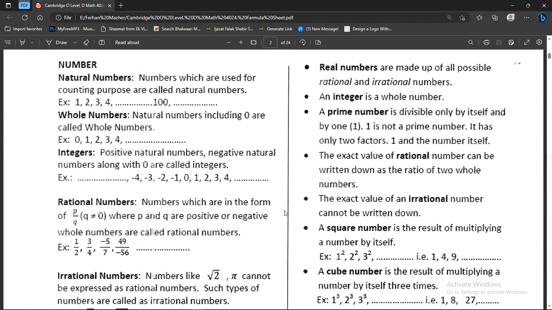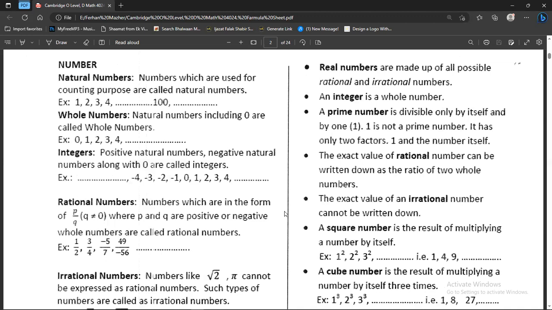Rational numbers are those numbers which can be represented in the form of a fraction like p by q, and q is not equal to 0. This means that the denominator is not equal to 0. Numbers which are in the form of p by q, where q is not equal to 0, where p and q are positive or negative whole numbers, are called rational numbers.